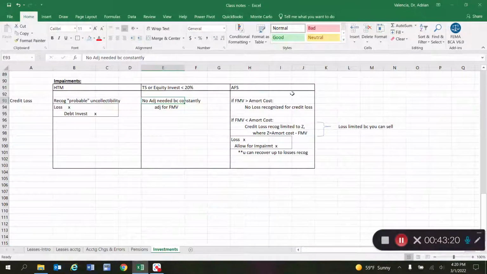right here. This one gets a little bit more technical, but here's the idea. If you have a credit loss that you need to deal with under the available for sale category for debt instruments, recall that this is debt instruments, so you have the possibility of not collecting on some of the cash flows from that debt instrument.